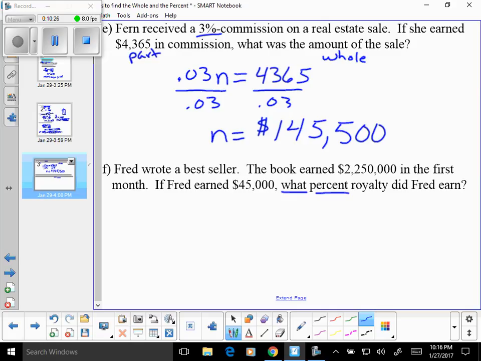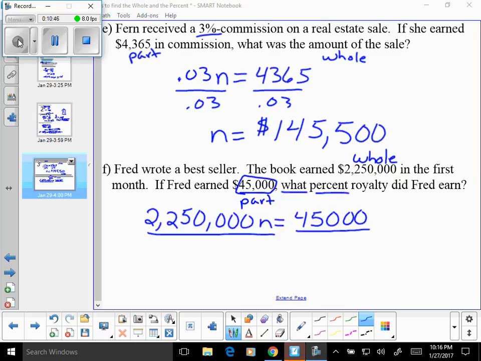We just don't know the percent. This has to be the part, because obviously $2 million is a whole lot bigger, and it's going to be the whole. So, knowing that, you hit pause and set it up, and then we'll go over it.